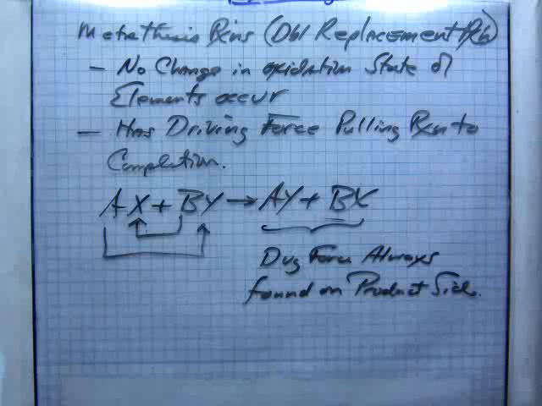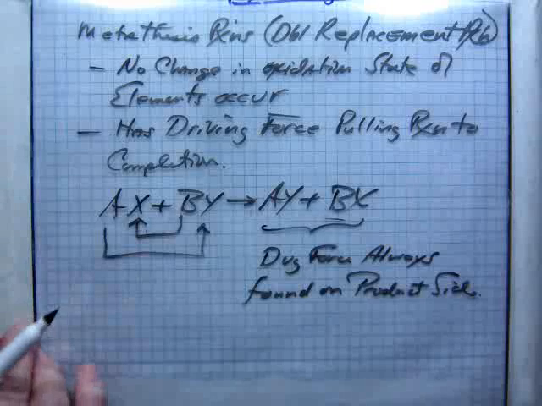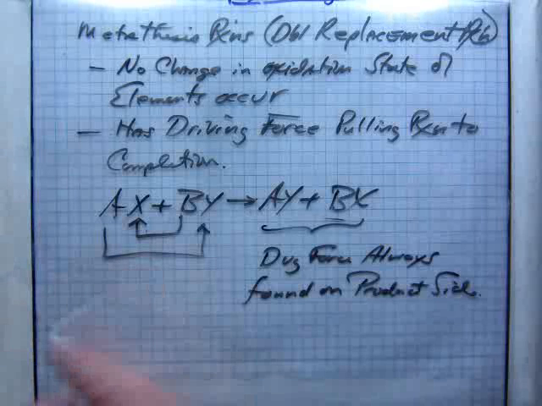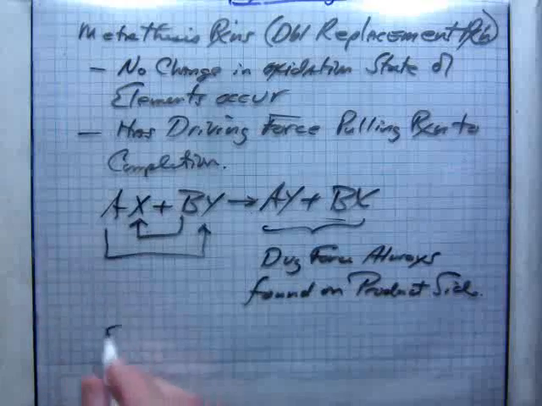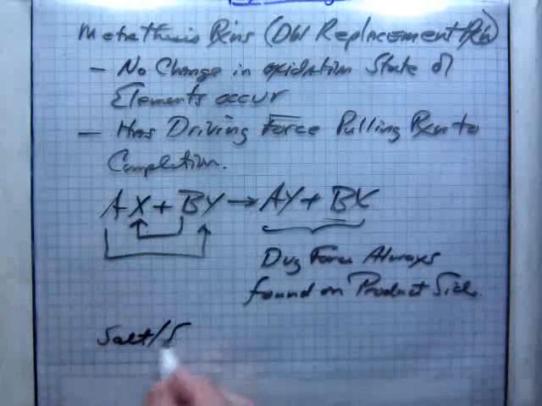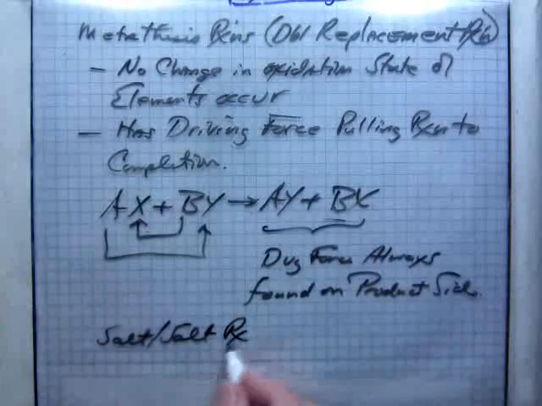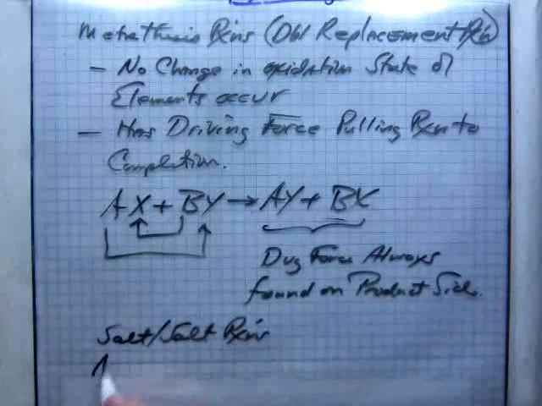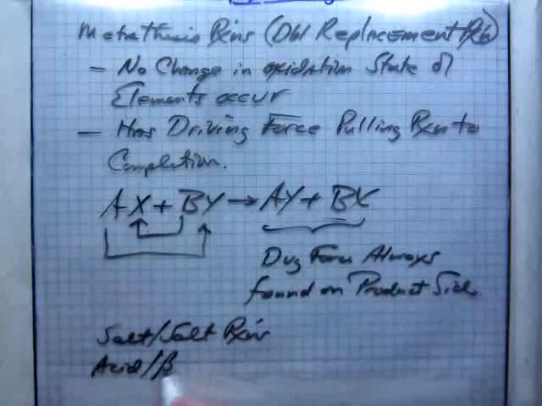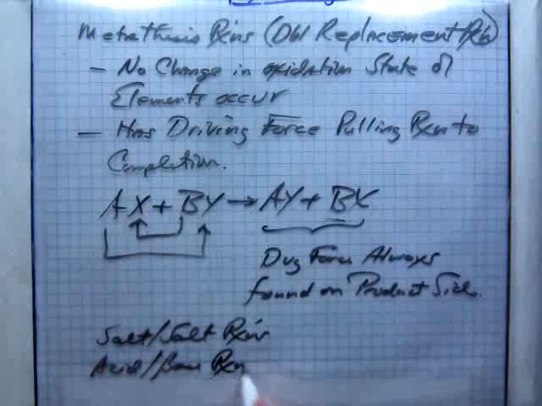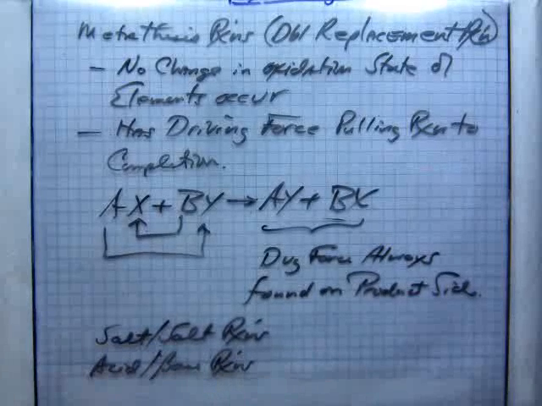Now, metathesis reactions typically come in two forms. We call them salt-salt reactions and acid-base reactions. Usually the Arrhenius, and the Bronsted-Lowry-Lewis theory is another thing.